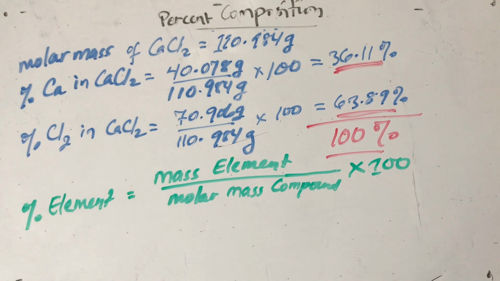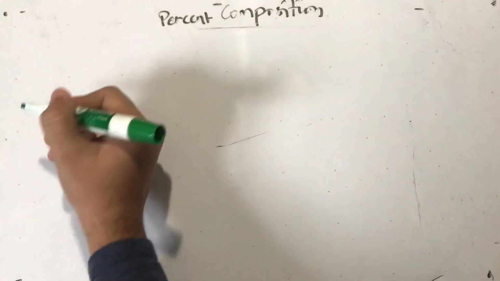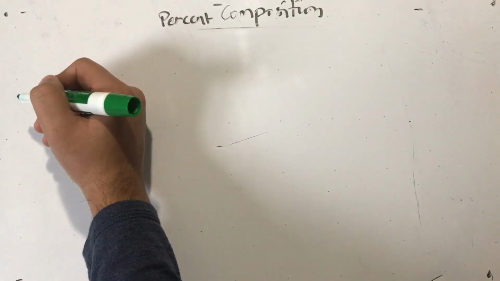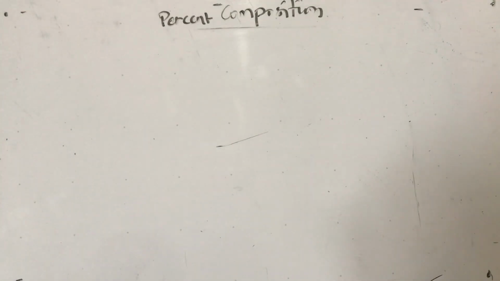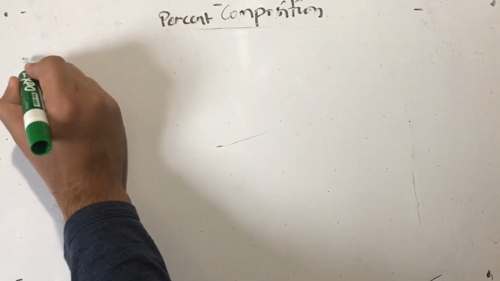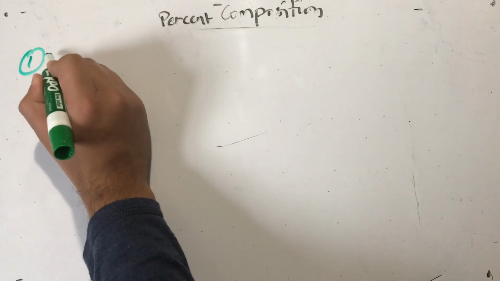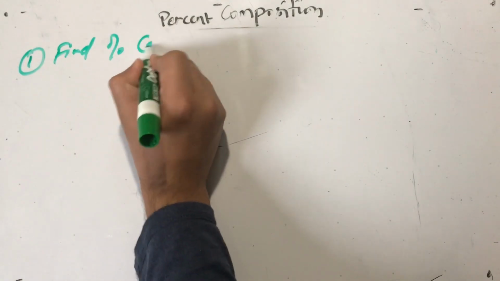Because I only did one problem, I'm going to give you 2 more problems to solve. I'm going to have the answers posted at the end of this video. You can do these problems by yourself and check your answers. Number 1, the question is the same: find the percent composition.